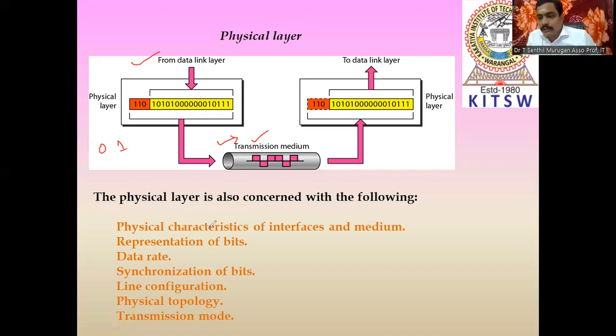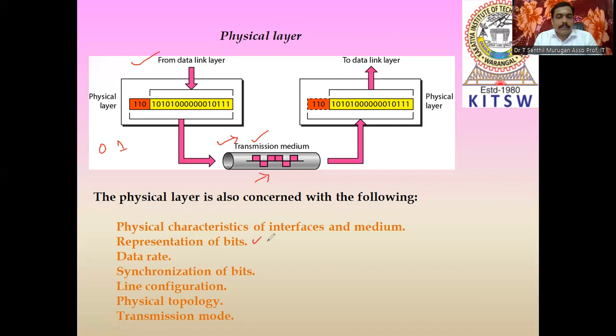It defines the characteristics of the interfaces between the devices and the transmission medium. For this transmission medium, how fast it is, what the capacity is, how fast the data is transmitted, will vary according to the physical characteristics of the medium and of the devices.